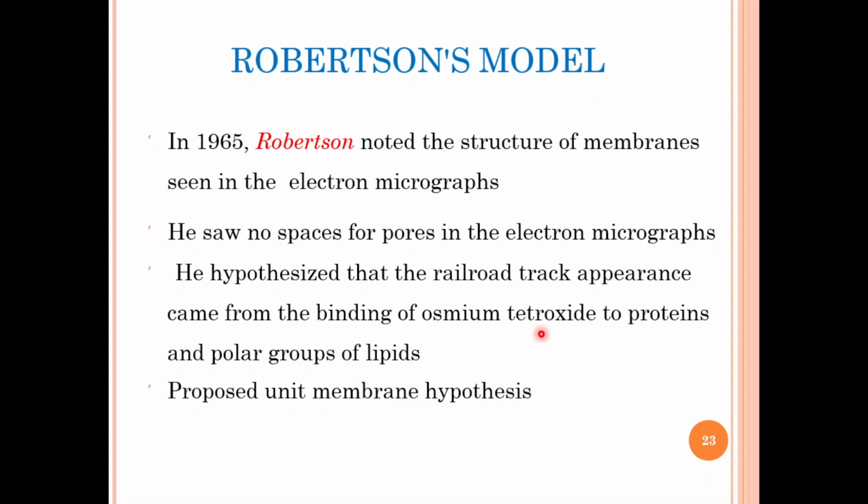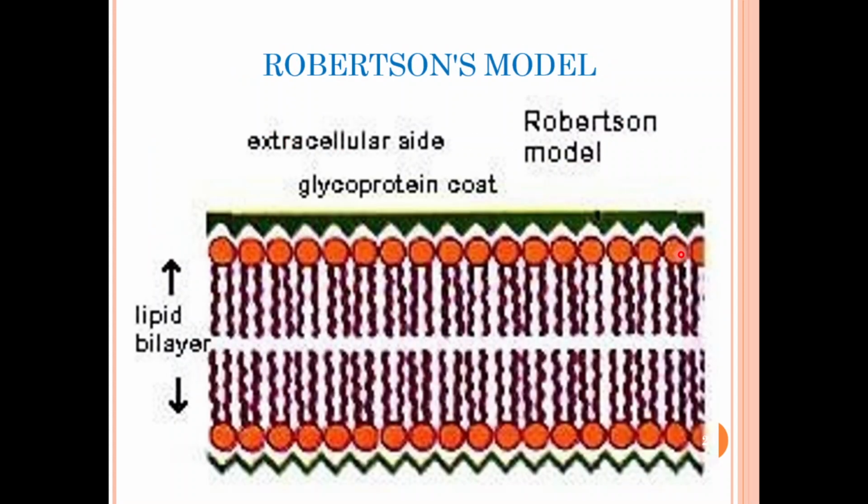See, in the Danielli and Davson model, the diagram shows a pore or channel type structure from which transportation takes place. But in 1965, Robertson explained that he saw no spaces for pores in the electron micrograph. So let's see the structure of the Robertson model.